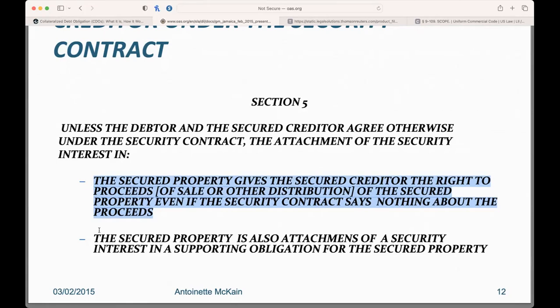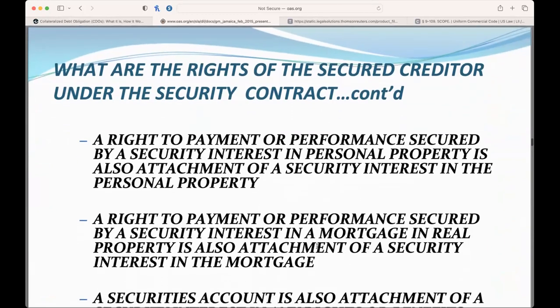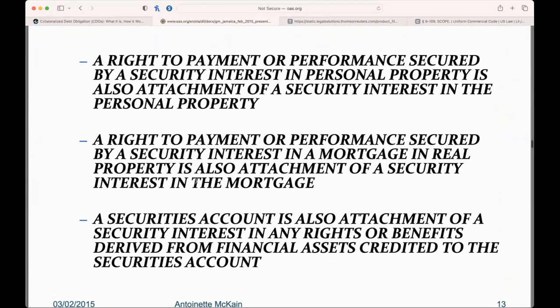So it says the secured property also includes attachments of a security interest and a supporting obligation for the secured property. A right to payment or performance secured by a security interest in personal property is also attachment of a security interest in the personal property. A right to payment or performance secured by a security interest in a mortgage on real property is also attachment of a security interest in the mortgage.